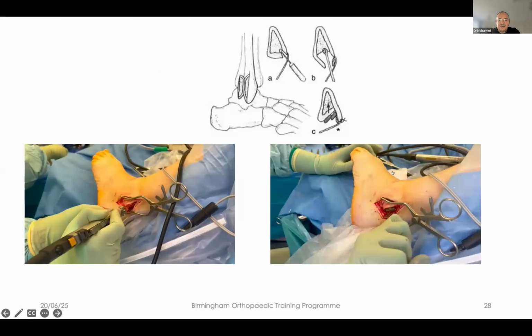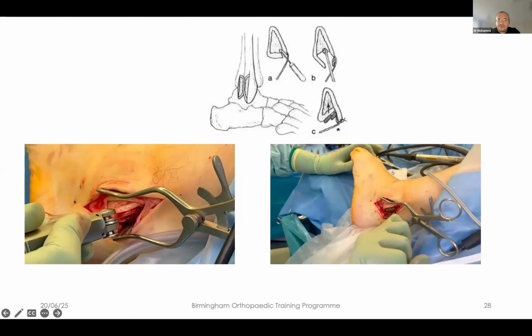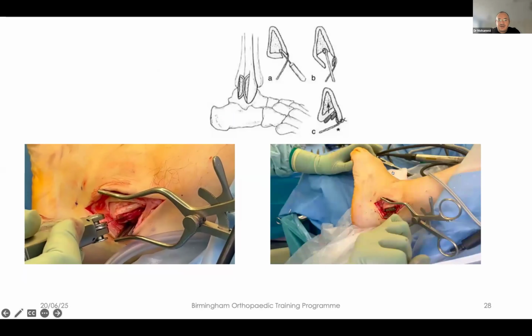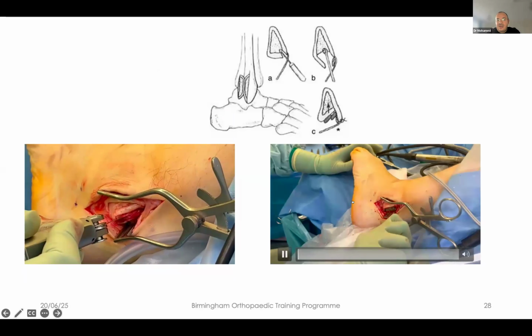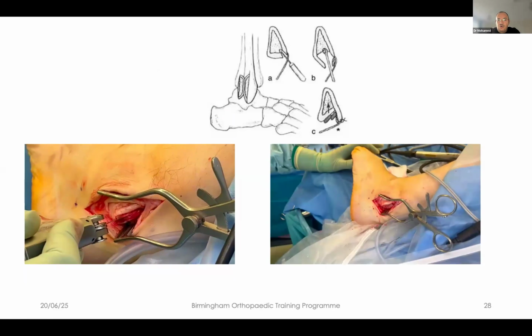As you can see here, we just use an oscillating saw, take a piece of bone, then after we make a slice of bone, we clear it with a Volkmann spoon, and then as you can see here, we just push the cortical bone back, so we make a small bed for the peroneal tendons with a deeper groove.